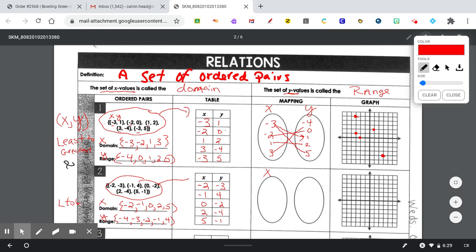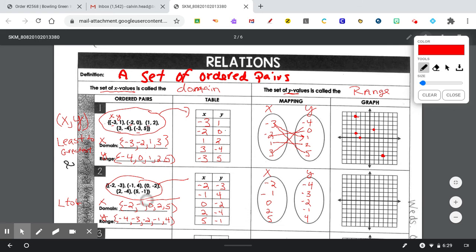Now remember, this is X, this is Y. Since I didn't have any repeating numbers, I can go ahead and just write all of the X's down, and write all the Y's down, again in order from least to greatest. If you use the domain and range that you wrote, it'll help you with the mapping.